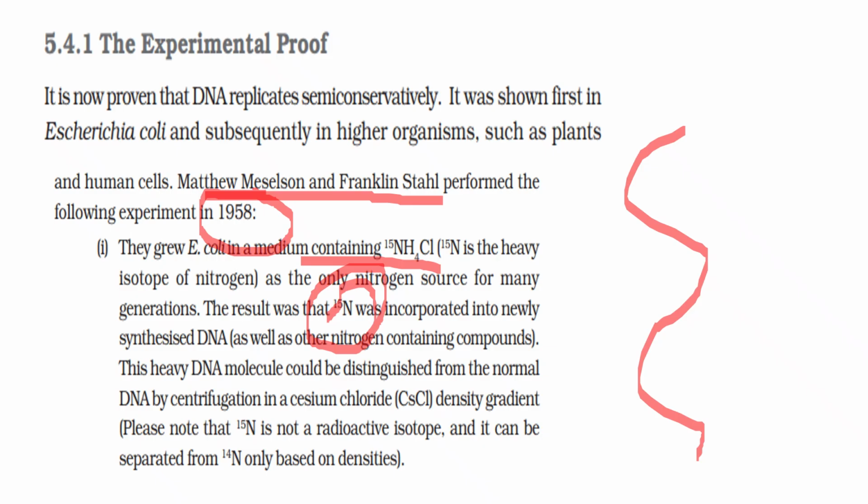This heavy DNA molecule containing 15N could be distinguished from the normal DNA. How? By centrifugation in a cesium chloride density gradient. Now, what is this density gradient of cesium chloride? There will be a picture, which I'll show you later on.